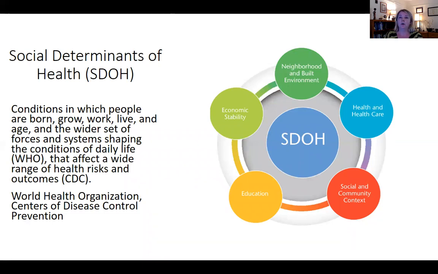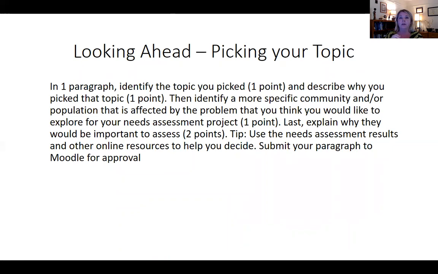So looking forward and how you're going to connect all of this, this week's readings and to your project. The next thing you're going to do is actually pick your topic. So you can use that Centra's Community Health Needs Assessment, which was the last one from 2018 to 2021. And I encourage you to look through that.